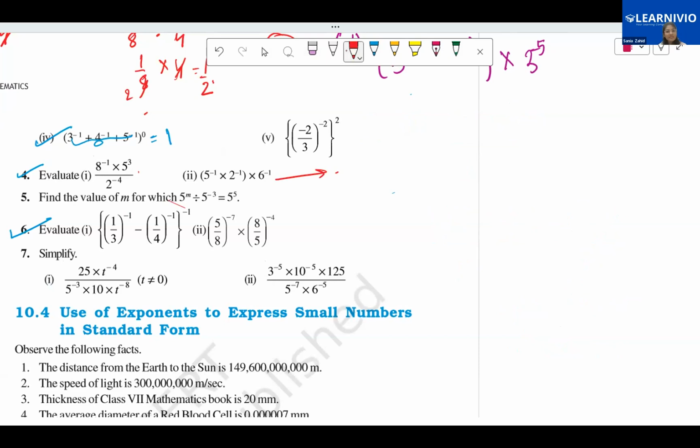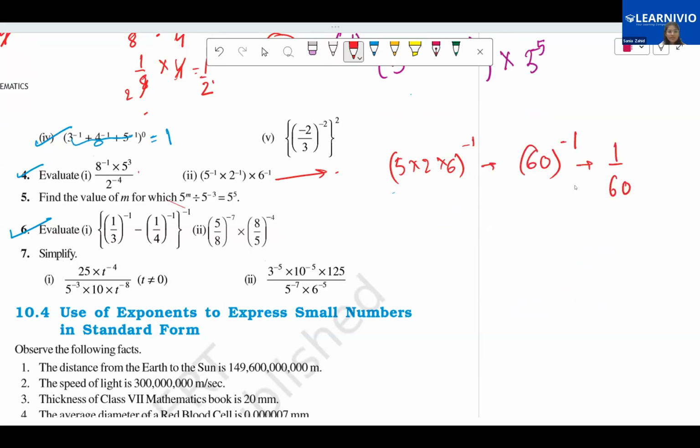So what do I have? I have same power, different bases. Okay, so I multiply the bases, 5 into 2 into 6 whole power minus 1. So it becomes 60 whole power minus 1 and your answer becomes 1 by 60. Okay, so you solve it this way.